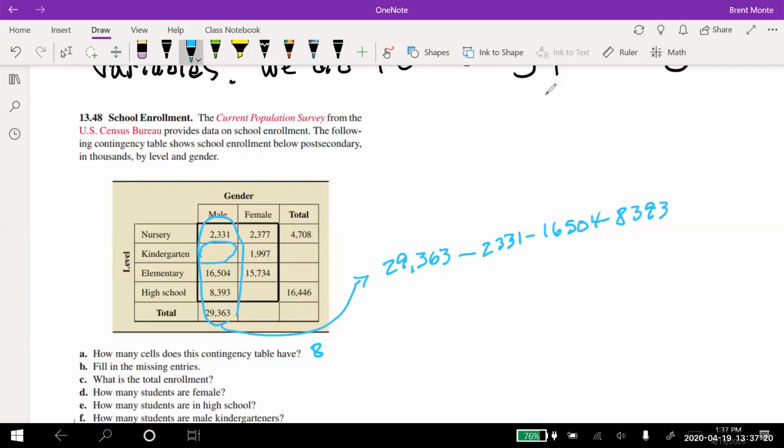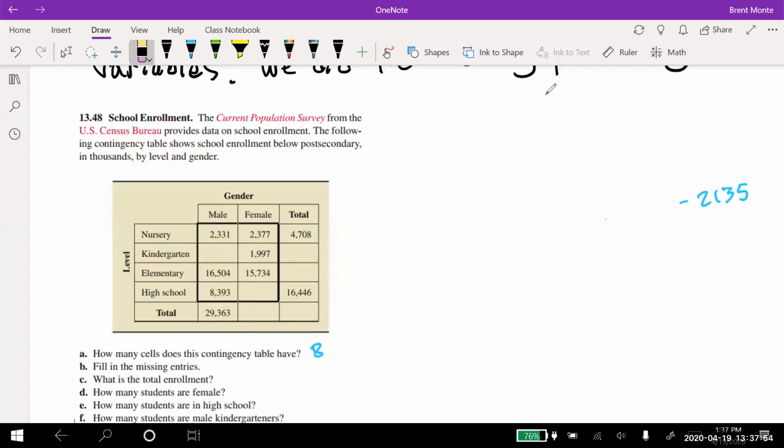All right, I'm just going to do that on my calculator real quickly. 29363 minus 2331 minus 16,504 minus 8393. And I get 2135. So that number is going to go into that missing spot. Let me put that in before I erase it.